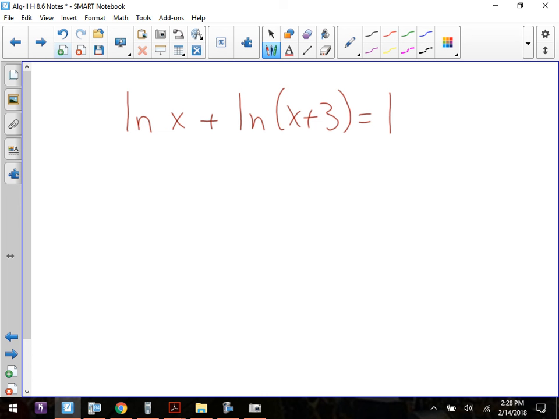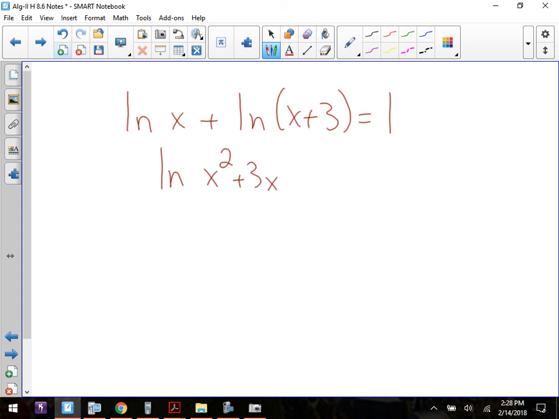So if I have natural log of x plus natural log of x plus 3, what does that actually mean? Multiplication, okay? So I have natural log of x squared plus 3x.